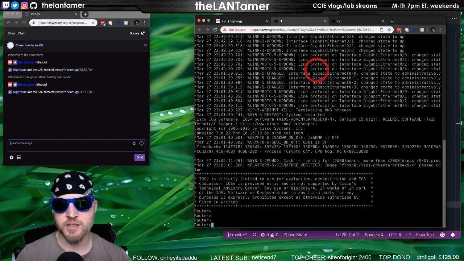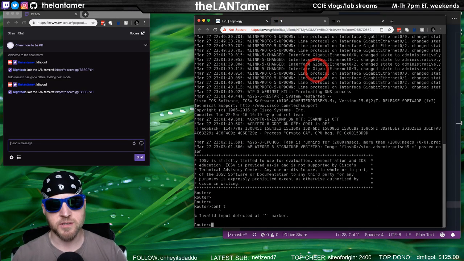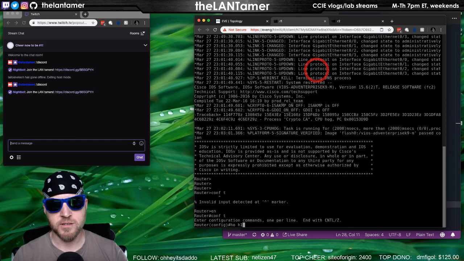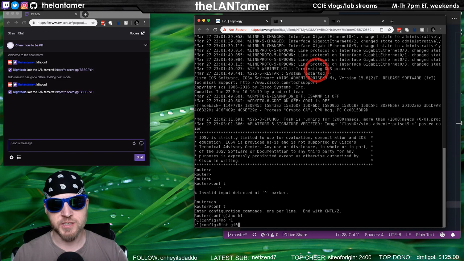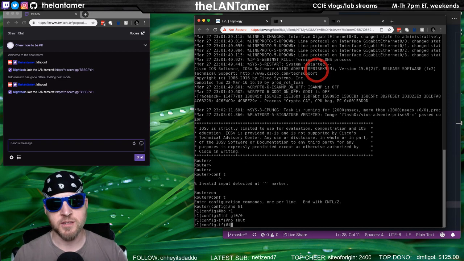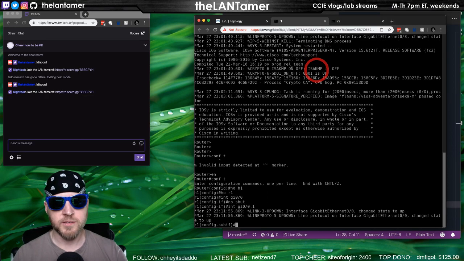Let's put an IP on these interfaces. On R1, interface Gi 0/0, no shut. Then Gi 0/0.1, and we're going to put an IP address 10.1.1.1.